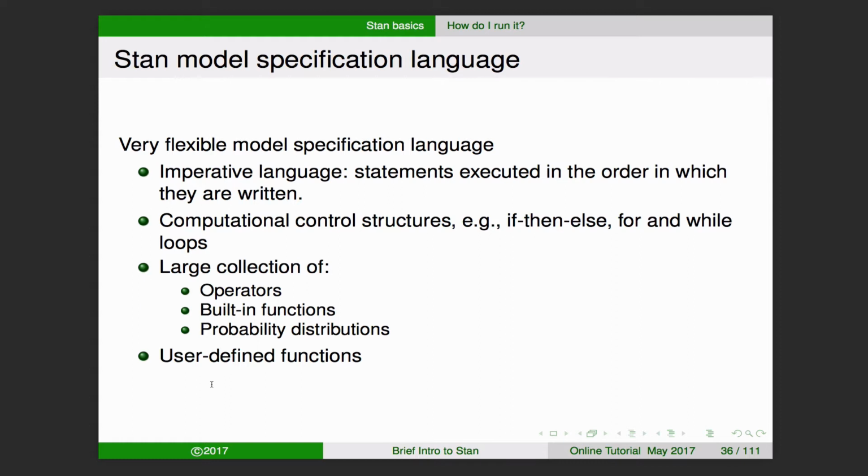So let's start with our Stan model specification language for how we're going to write this out. A few general properties here. First, it's a very flexible model specification language.